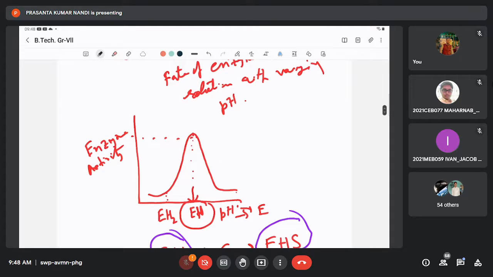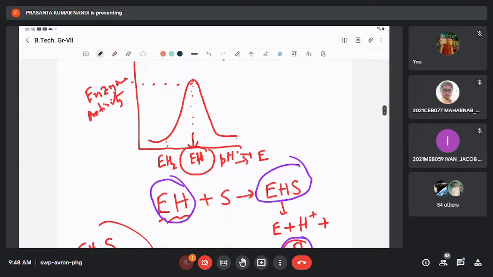So if you plot a curve like this, one can see that this peak corresponds to this particular configuration. That is, the enzyme in this structure, when singly protonated, will be more efficient compared to either the bare free enzyme E or EH2. So this is one example, right?